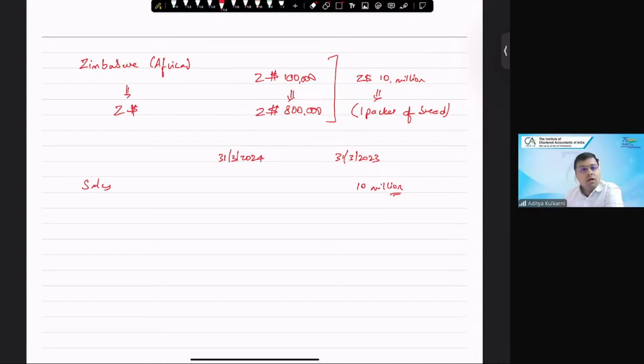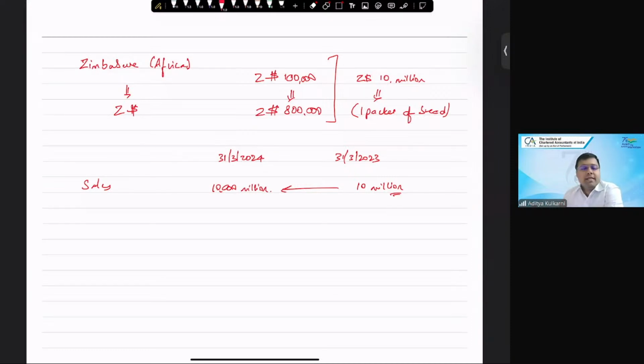The sales for the year ended 31st March 2024 could be 10,000 million. Is it because your sales have gone up so much? The answer is no. Your currency has become worthless. The currency in which you are dealing has lost value. That is why your sales have gone up from 10 million to 10,000 million. Are you able to understand? Yes, sir.